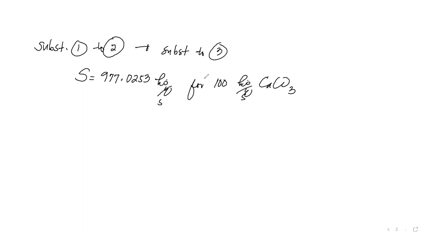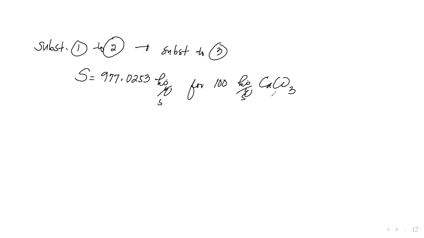Okay? Now, we need to determine then the amount of the S. This is not yet the S that we're looking for. We need to determine the amount of S for the sodium carbonate, which is only 0.25 kilograms per second.